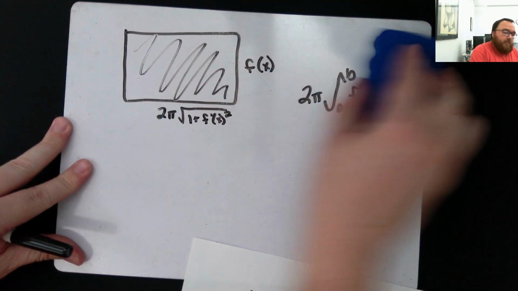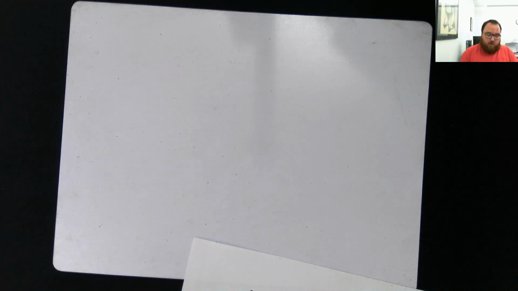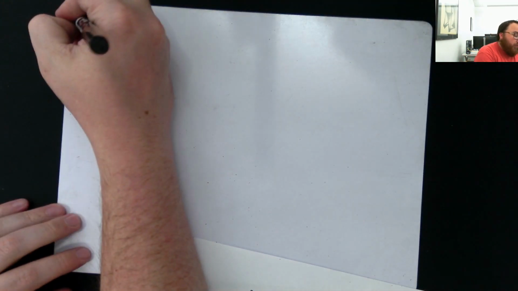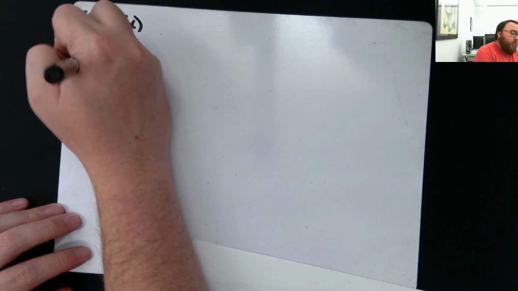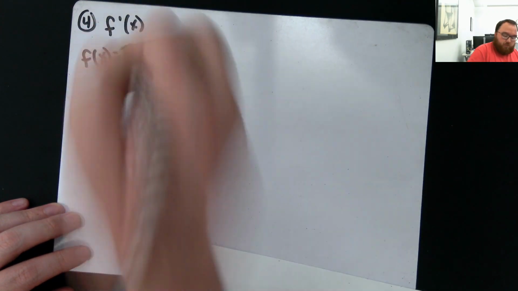So, for example number 4, first thing I need is the derivative. Remember, the function is square root of x.